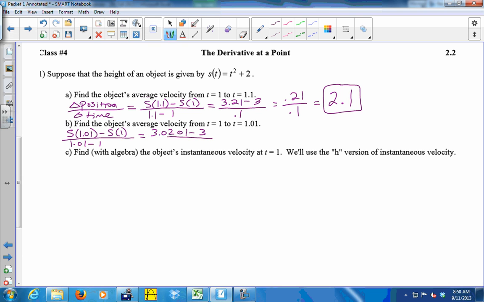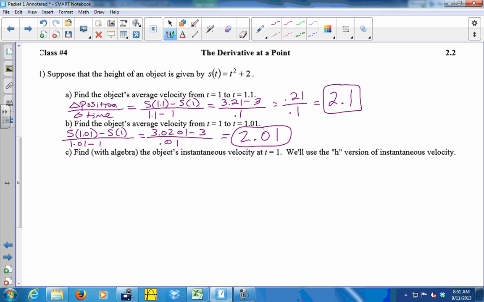Minus 3 over 0.01. So 0.0201 divided by 0.01, what's that come out to? 2.01.